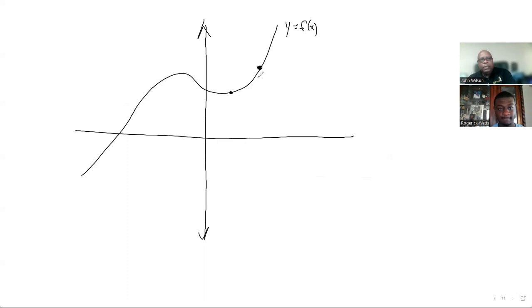At a given point A, if we want to know what's happening at A, you can see it's beginning to increase, but you don't know how much.